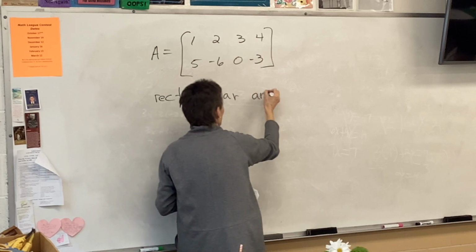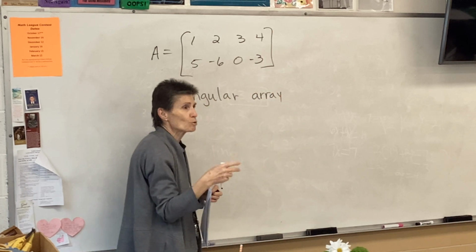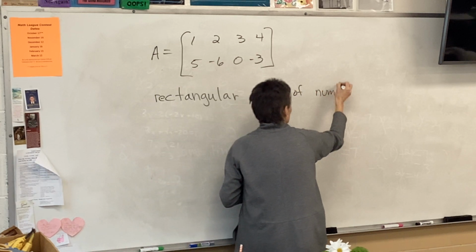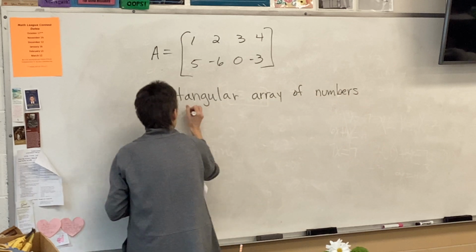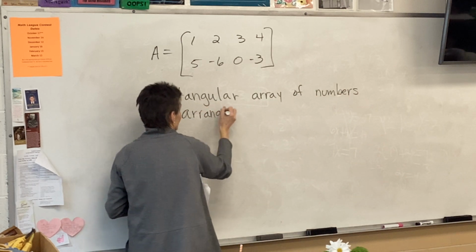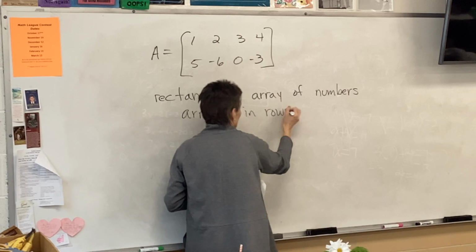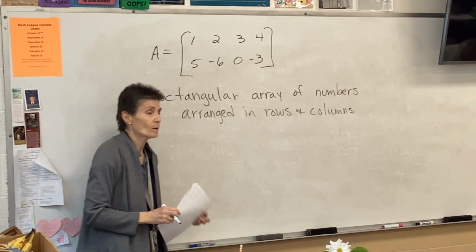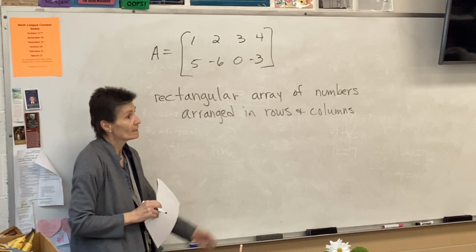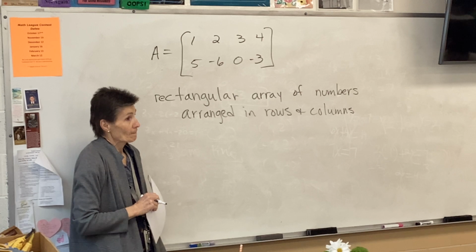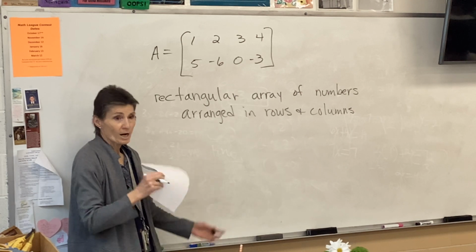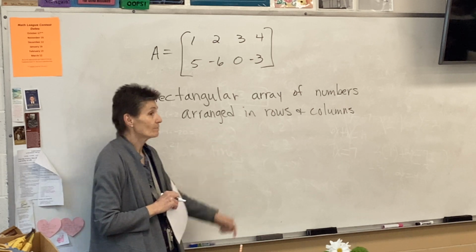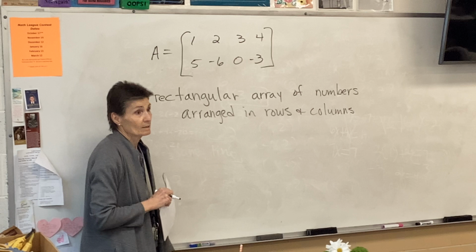A rectangular array, that means arrangement, that's a math word for arrangement, of numbers arranged in rows and columns. 100% guarantee a question on your test for chapter 7 will be define matrix. Guarantee it. The whole chapter is about matrices. We are going to know what a matrix is. A rectangular array of numbers arranged in rows and columns.